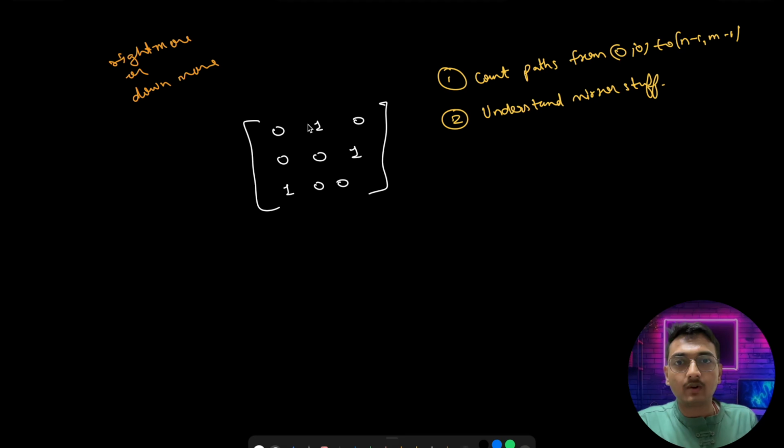So what is this mirror stuff? Let's understand this. Let's say I am here and I am moving to the right. This is a mirror, and I am entering it through the right direction. According to the question, I will be directly jumping down.